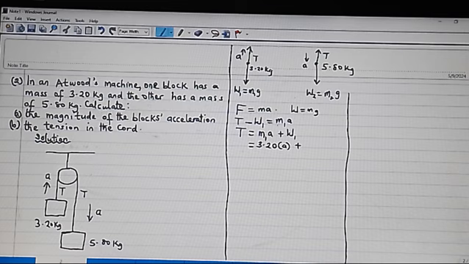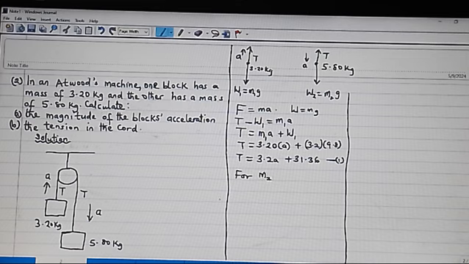So M1 is 3.2. Our G has been taken to be 9.8 meter per second square. So while ignoring the units, we'll say 3.2A plus 31.36. This is the first equation for tension. Let's consider for M2.